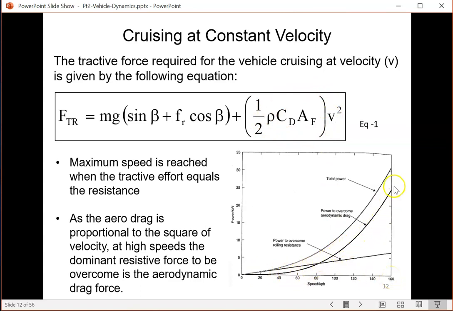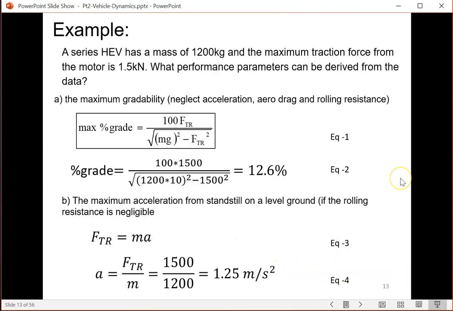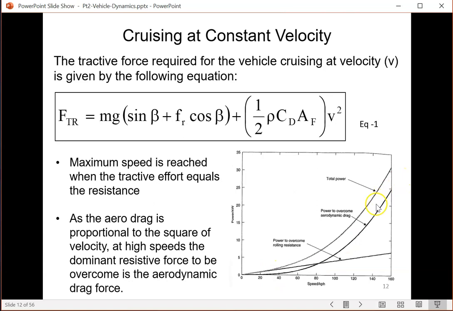So you can see that the power of the air drag goes up really fast. This diagram shows the power on level ground, so beta equals 0 and the gravitational force doesn't exist. You only have the second part, and cosine beta equals 1. Adding the two powers together, we get the third curve.